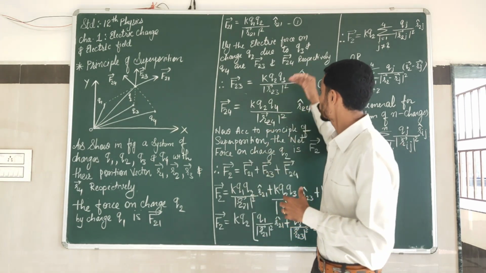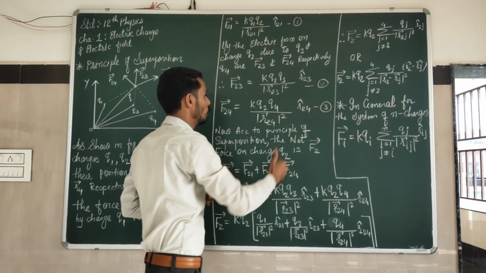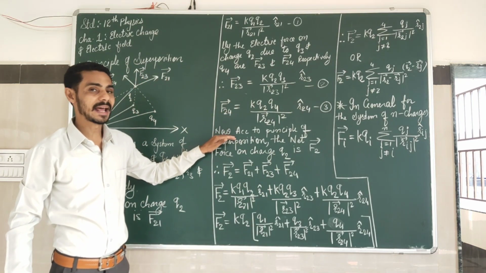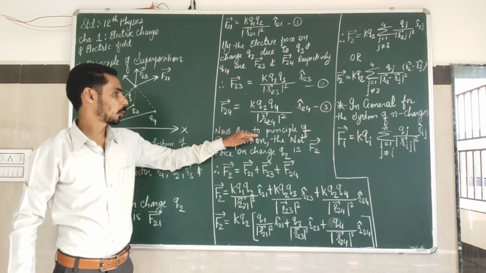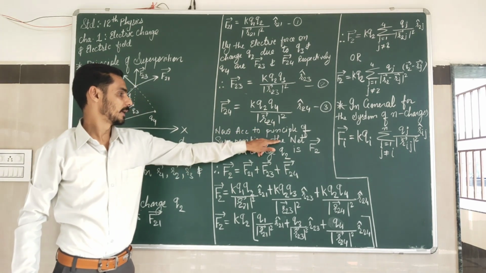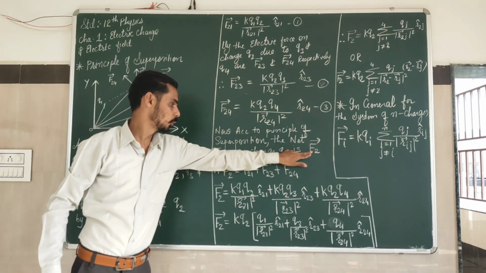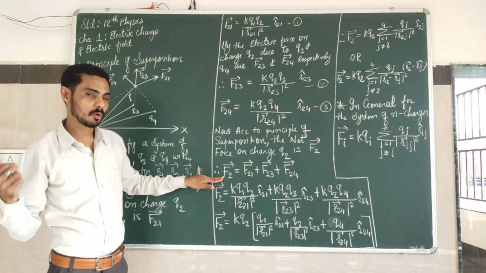Clear? After having equations 1, 2 and 3, it's time to apply the principle of superposition to get the net force. According to the principle of superposition, the net force on charge Q2 is F2, and to get F2 we need to do vector addition.